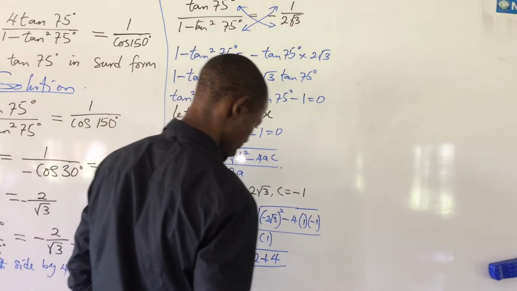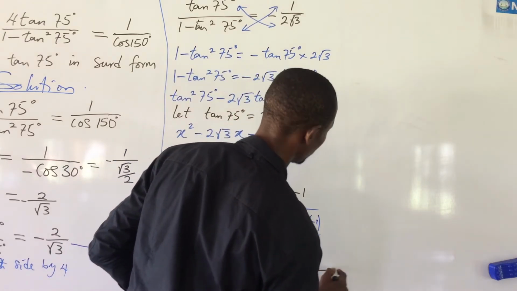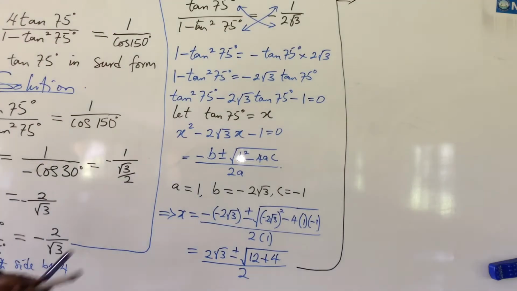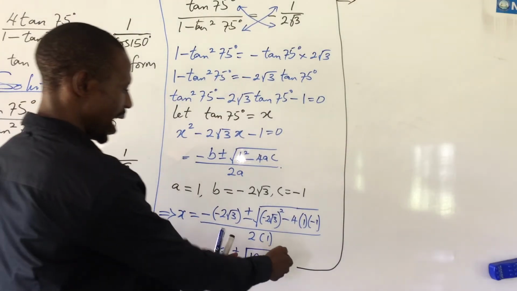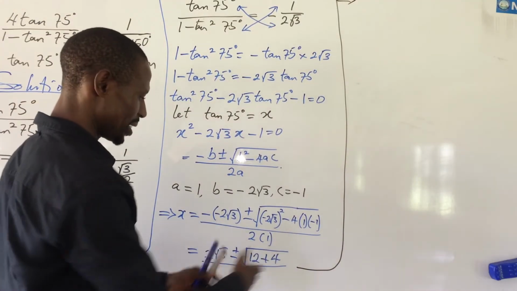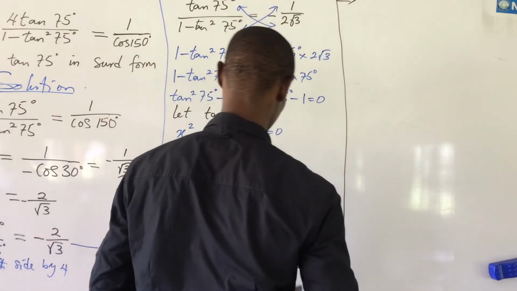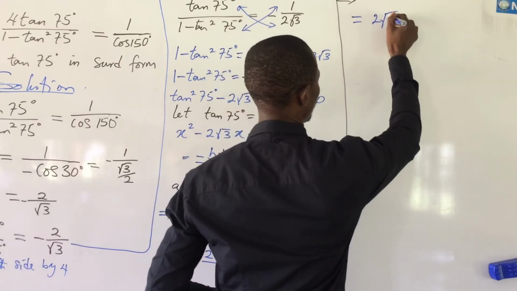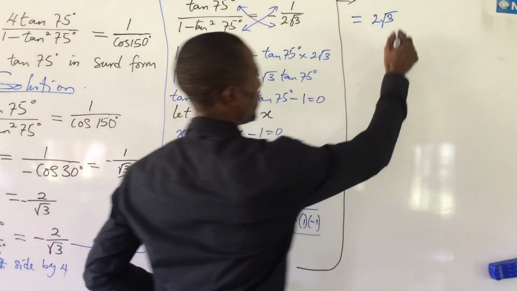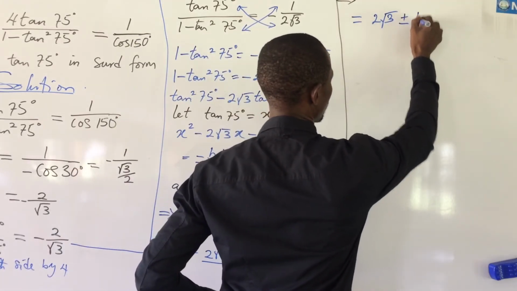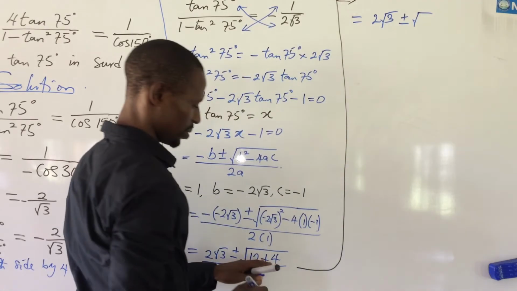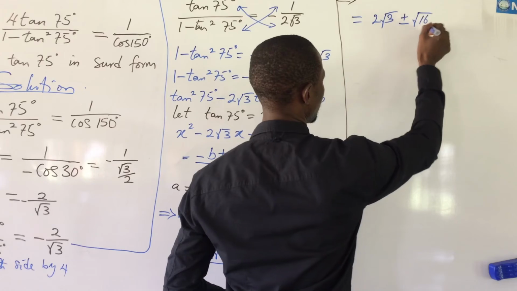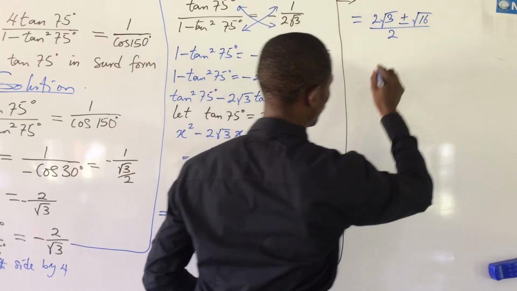So from here, if we have to proceed, then we add the terms inside the square root. If we add up, this will give us 2 root 3 plus or minus root 16, because 12 plus 4 will give us 16, all over 2.